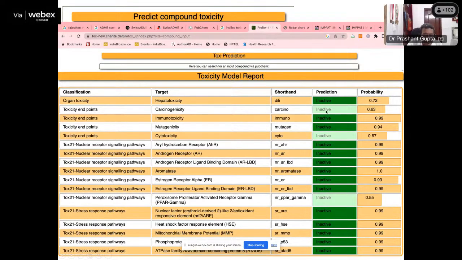Carcinogenicity, yes, it's non-active. You can see all are non-active, meaning our curcumin is much safer. Usually if something is not in the range, then the color would change, meaning it could be red or purple or dark red.